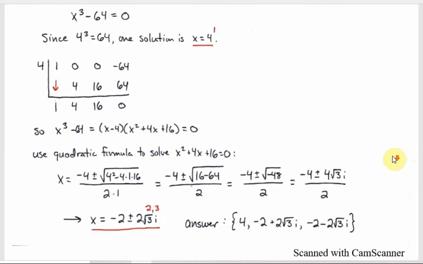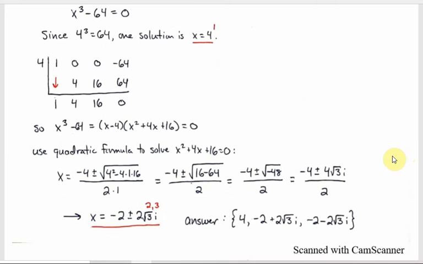And I use the quadratic formula to do it, although I suppose you could also complete the square. So subbing into the quadratic formula, simplifying, eventually you end up with the square root of negative 48.